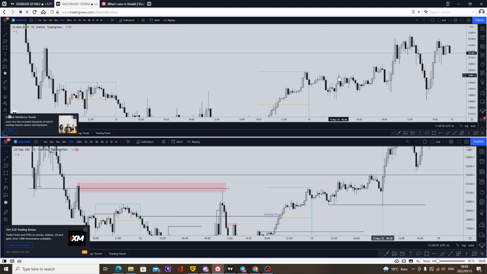But you see this high on US 30 did not run the high. It fell. But what about NASDAQ? NASDAQ ran the high. But check what NASDAQ left to the downside. NASDAQ left what we call equal lows. But what about my friend on top there? My friend on top left stops.